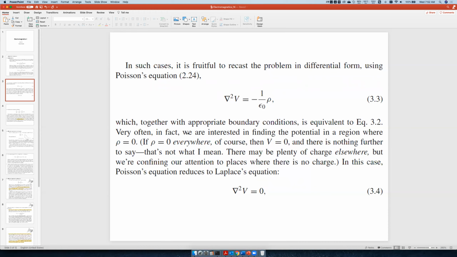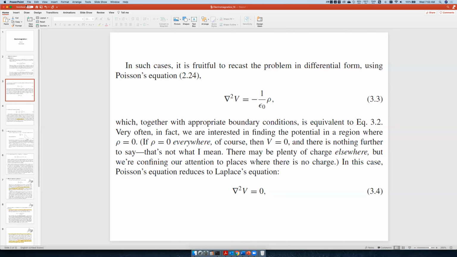Very often, we're interested in finding the potentials in a region where rho equals 0, meaning there's no charge distribution in the space. If rho equals 0 everywhere, of course V should be 0, and there's nothing further to say. Then there may be plenty of charge elsewhere, but we're confining our attention to places where there's no charge.